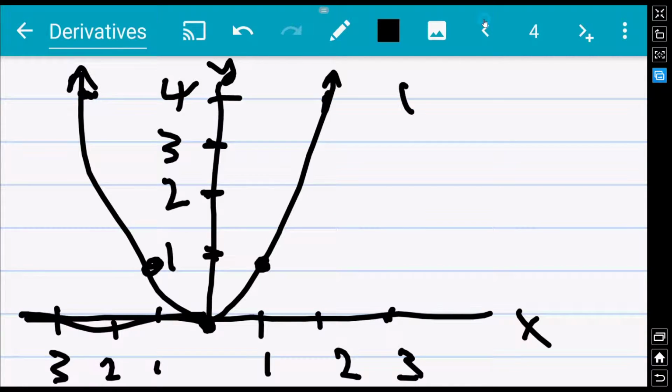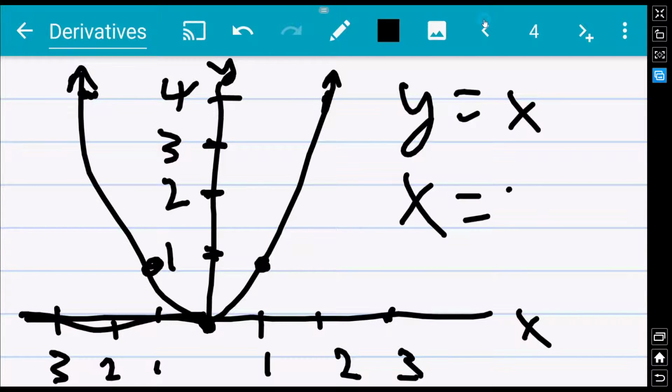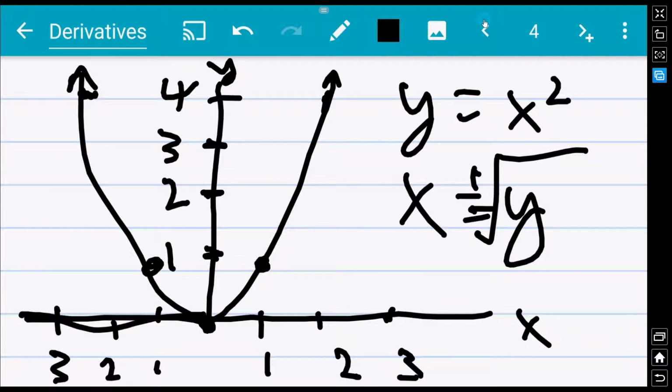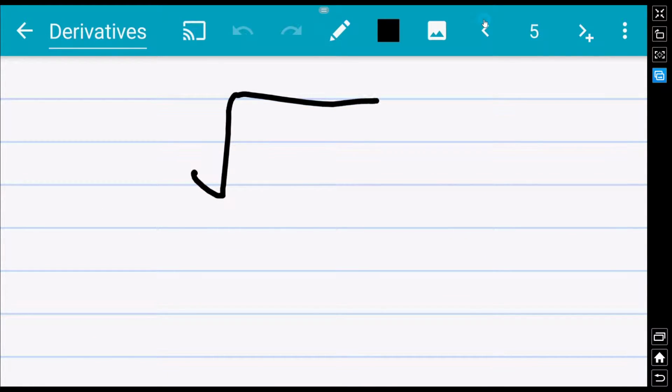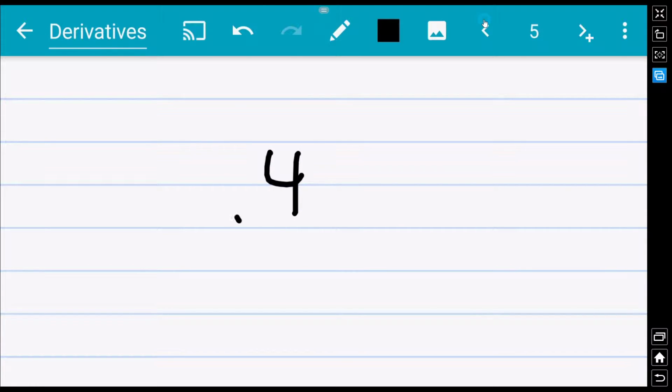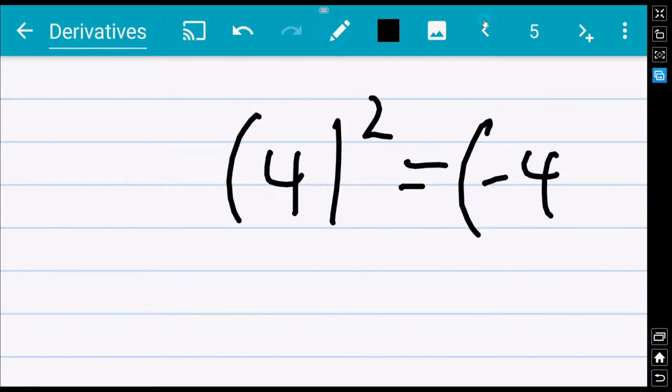So that's why we have y equals x and not x equals y, because then we'd have to take the square root. And that square root can either be positive or negative, because remember that if we square a number, let's say 4 to the power of 2, that is equal to negative 4 to the power of 2.